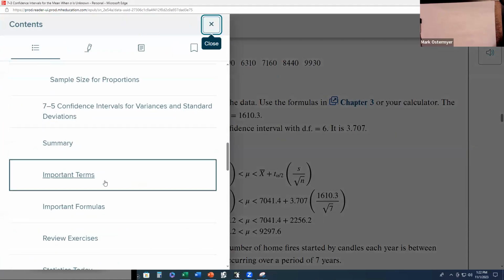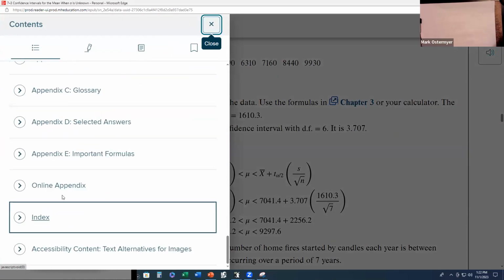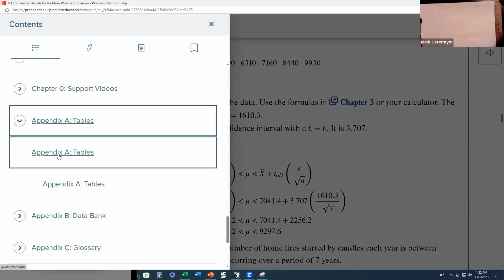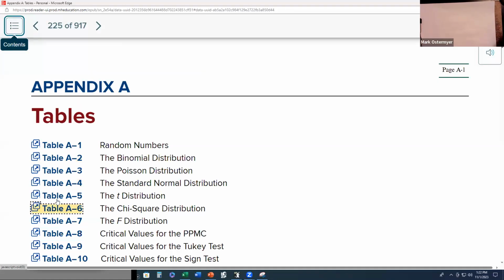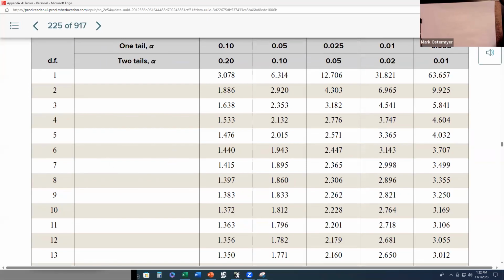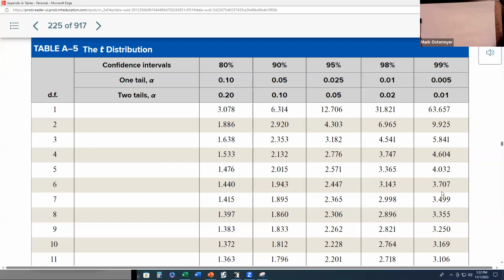Let's go back to our table, way back in the appendix, and it's table A-5. Notice we're going to be underneath the 99% confidence column, the last column. And we got to go down to, how many degrees of freedom was it? It was 6, I believe. So 6 degrees of freedom for 99%.